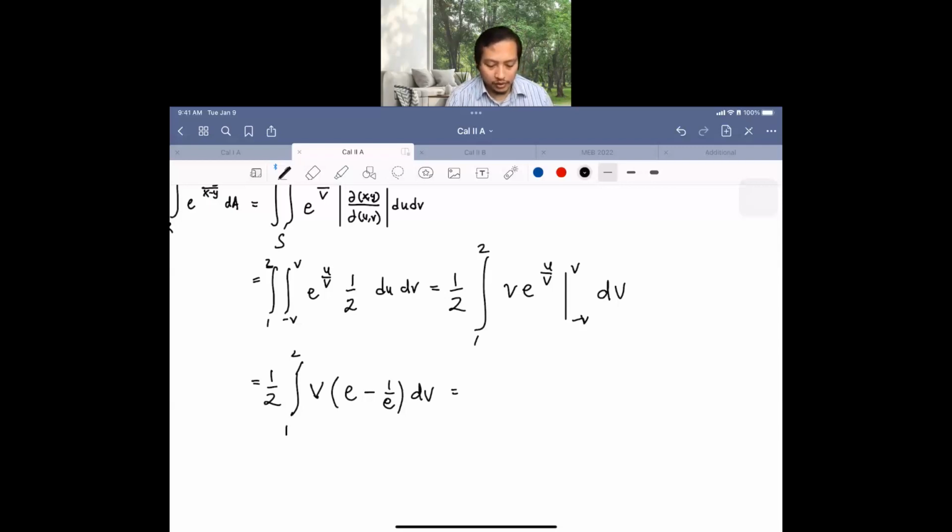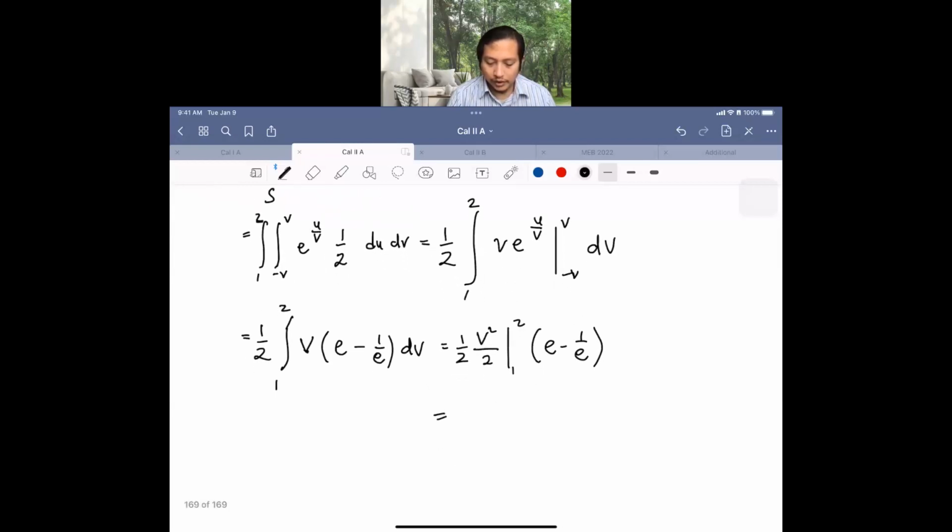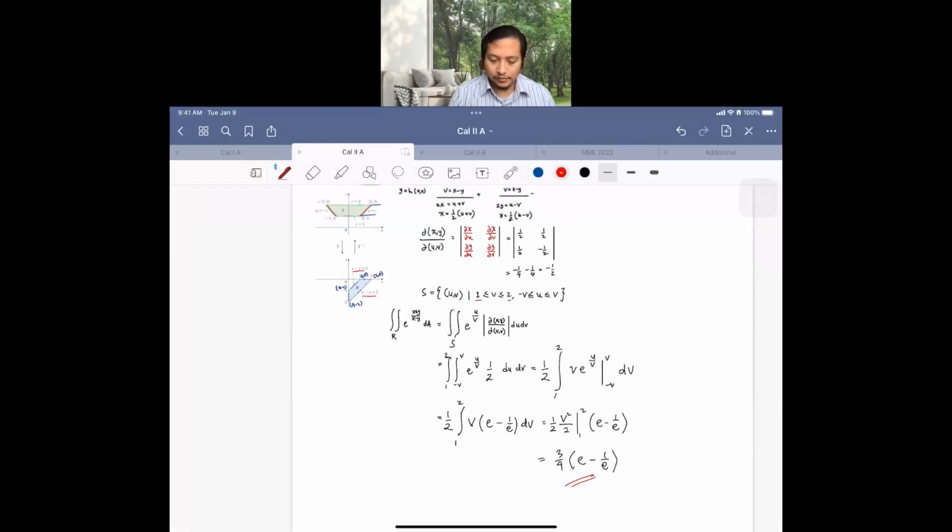And then this will be v squared over 2 from 1 to 2. This is 1 over 2 times e minus 1 over e, so we have 3 over 4 times e minus 1 over e. Okay, this is the answer.